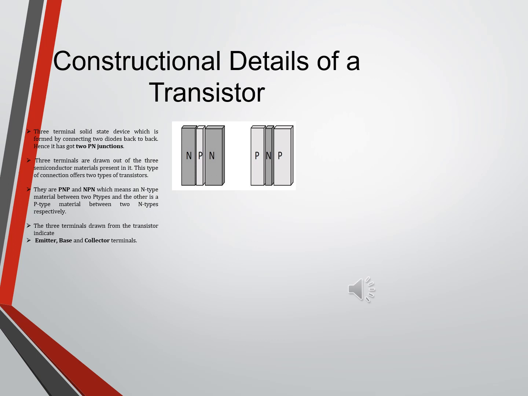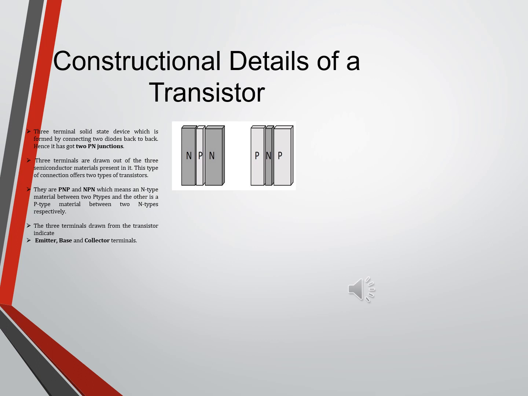In this slide, I have just shown the constructional details of a transistor. See, NPN and PNP transistor. I already told in the first slide what a transistor is. If either P or N type material is added to a single PN junction, we'll be forming a transistor. Okay, that is shown over here.